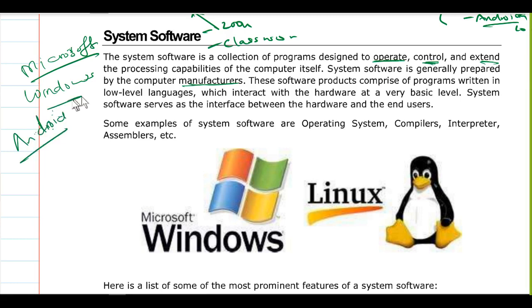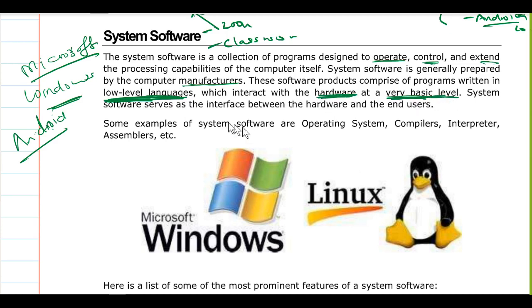But at least what we are saying is that these are system products comprised of programs that are written in low-level languages, which interact with the hardware at a very basic level. So what we need to know about the characteristics of system software is that they are most of the time written in low-level languages, so that they interact with the hardware. They give instructions to the hardware at a very basic level.